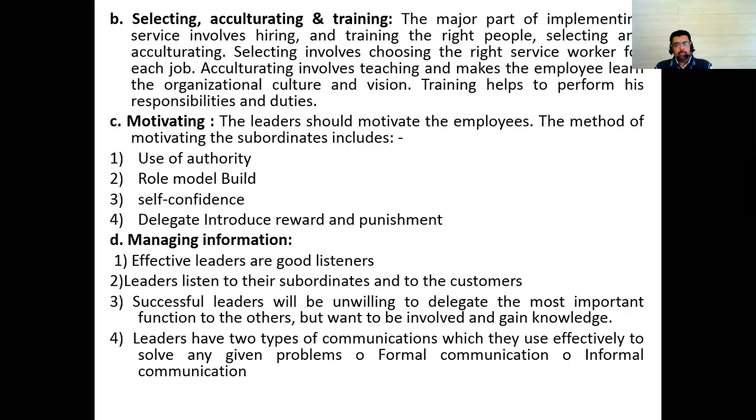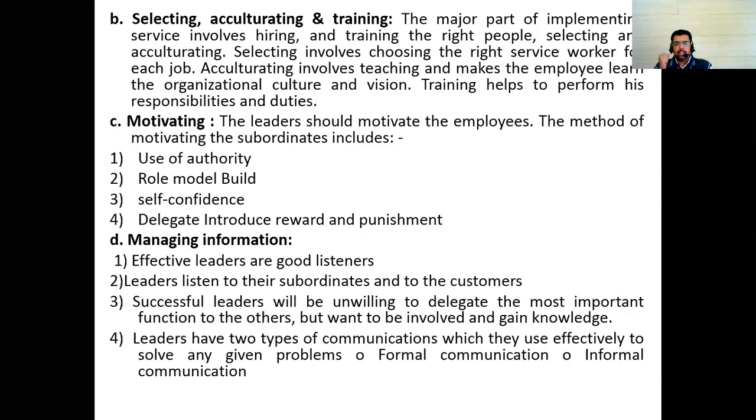The major part of implementing service involves hiring and training the right people: selecting and acculturating. Selecting involves choosing the right service worker for each job. Acculturating involves teaching them and making the employees learn the organizational culture and vision.